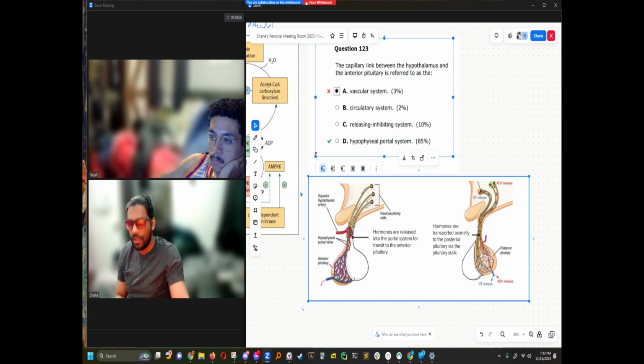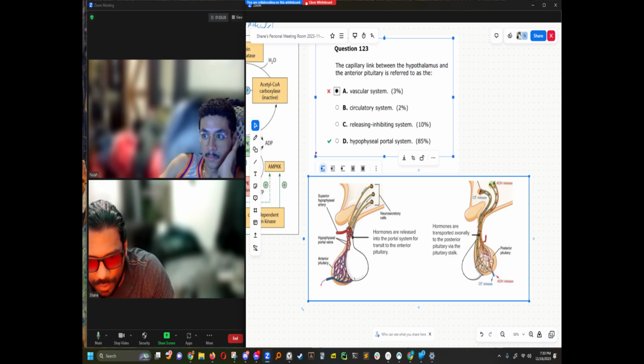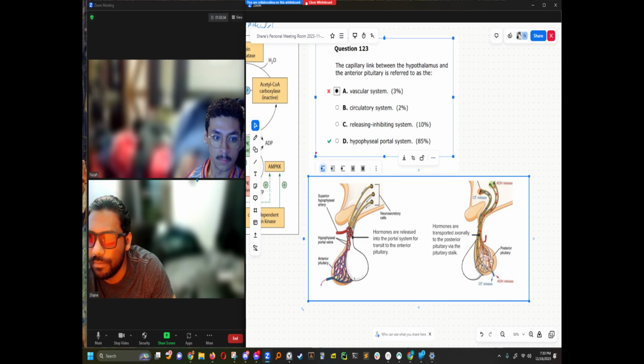But if we look to the left, the one that's comparing it, showing you the anterior pituitary, you see that you still have the neurosecretory cells, which create the hormones in the hypothalamus. But then down here, I'm not sure if you can see my cursor.